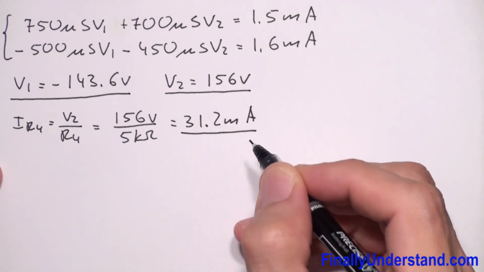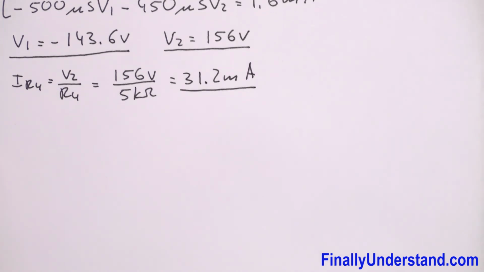Okay, so this is the current which goes through the resistor R4.